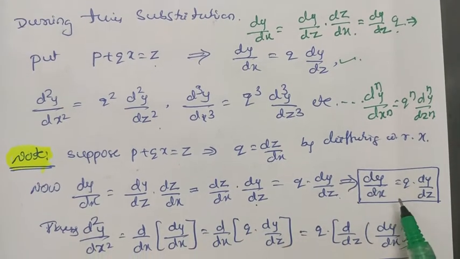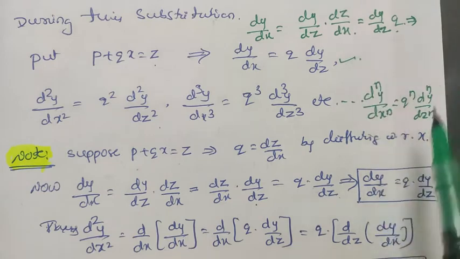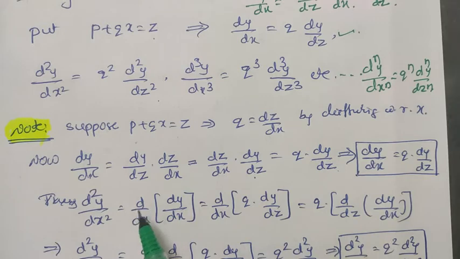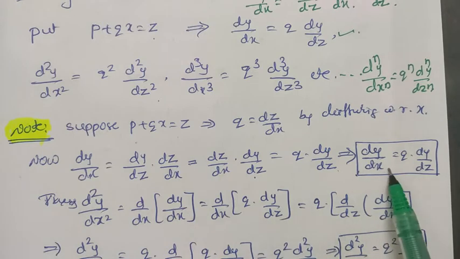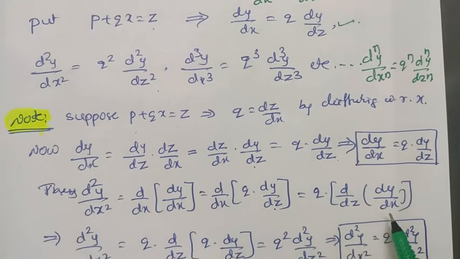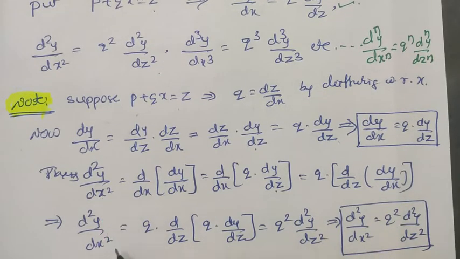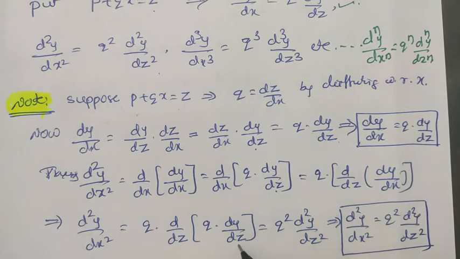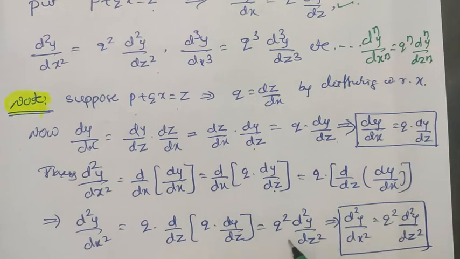Now d2y by dx square is d by dx of dy by dx, which is d by dx of q dy by dz. Keeping q as it is, d by dx can be taken as d by dz of dy by dx, and dy by dx again is q into dy by dz. So this is q square d2y by dz square.